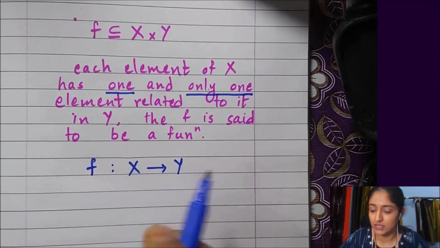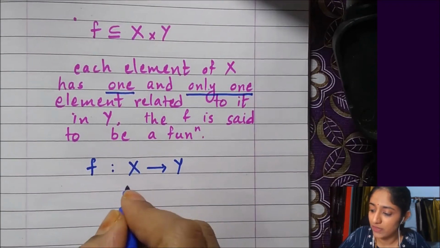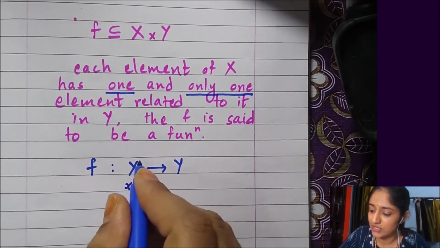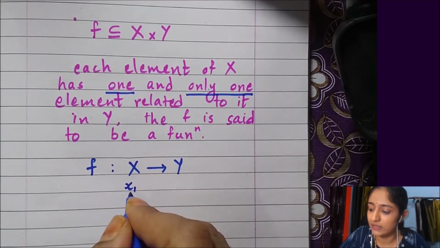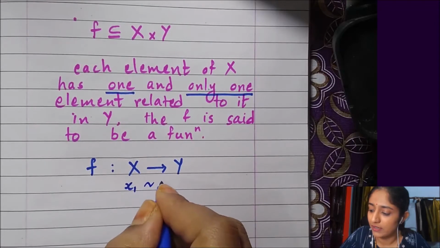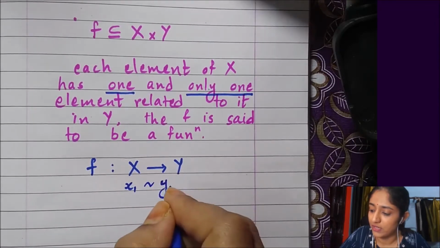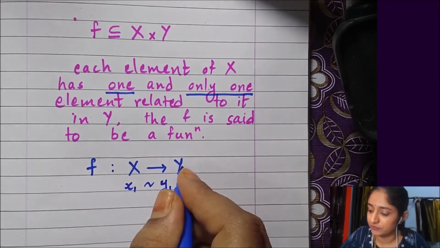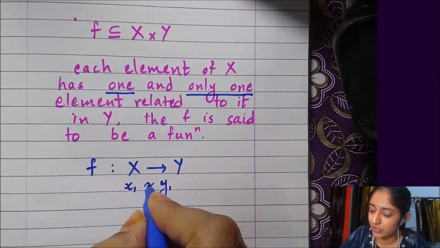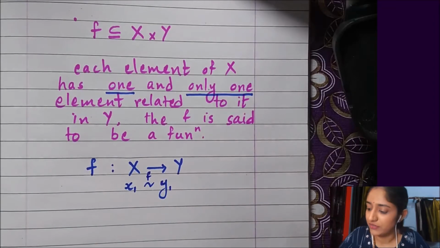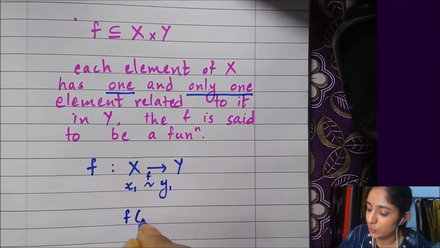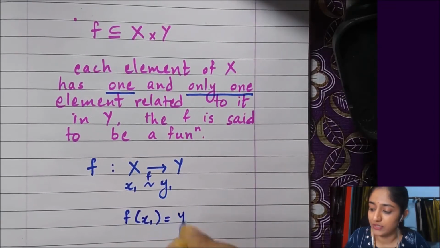When I say image, it just means that an element of x, say x1, is related to y1, an element of this capital Y, through this function f. This wiggle is now exactly f, and we write this as f of x1 is equal to y1.